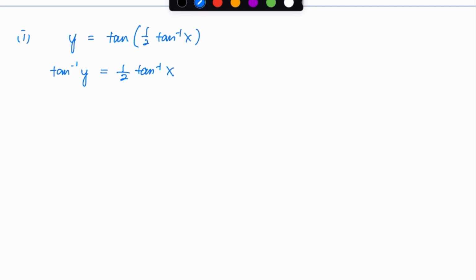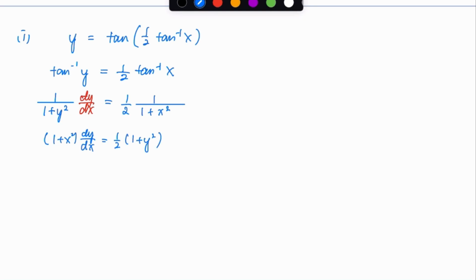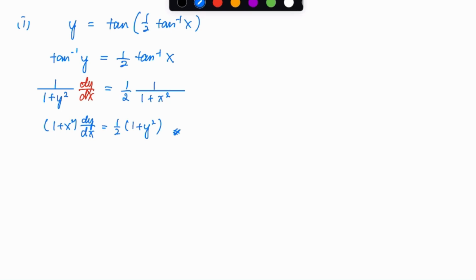Differentiating y, we have 1 over 1 plus y squared, chain rule, dy/dx. Then you cross multiply, you get 1 plus x squared, dy over dx, equals half of 1 plus y squared. So this one is shown already. Second part, we will differentiate implicitly. I will copy, differentiate, then differentiate, copy.